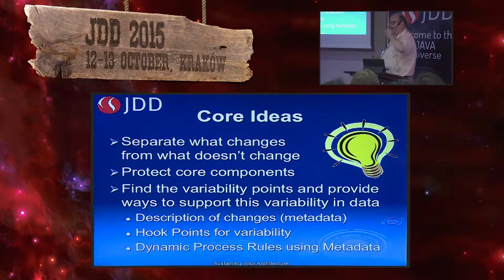And we want to protect these core components. Then we find these variability points, these hot spots, and sometimes we might have hook points or ways to describe these changes. You'll use metadata quite often, or you'll have ways of plugging in new types of strategies as you go for dealing with this. So this is a core idea that we're going to come up with.